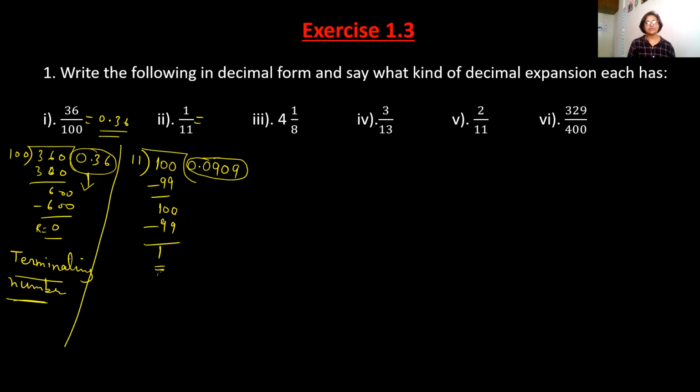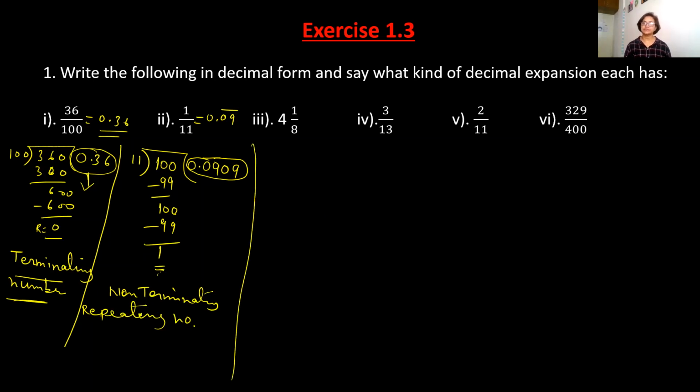You can write 1 upon 11 equals 0.09 with a bar, because this is repeating after the decimal. So this is the decimal expansion, and after that you can write this is a non-terminating repeating number. Repeating number, right?